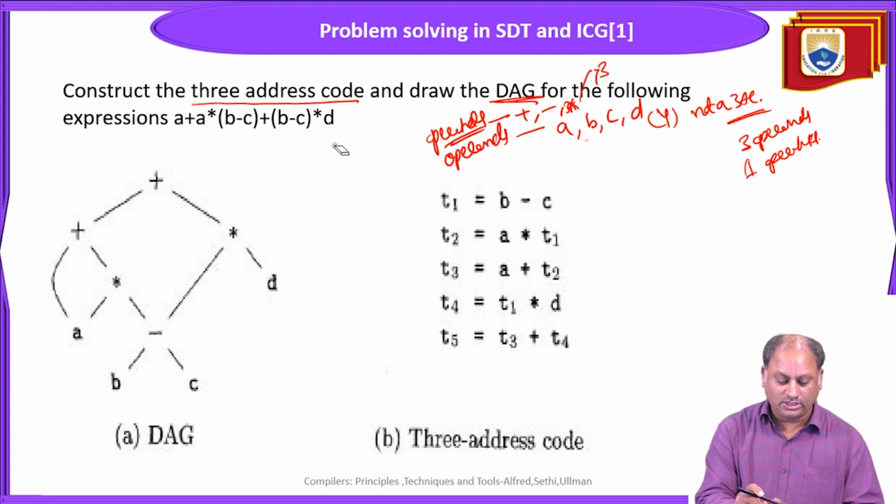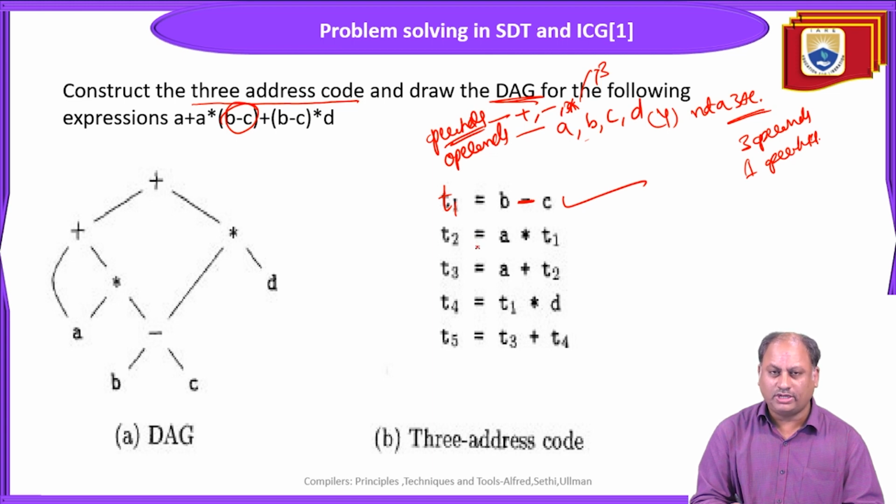First, we write a temporary t1 equal to b minus c. Here only one operator is considered, that is the minus operator, subtraction. Then a star t1, because t1 is already considered, and this is assigned to t2.